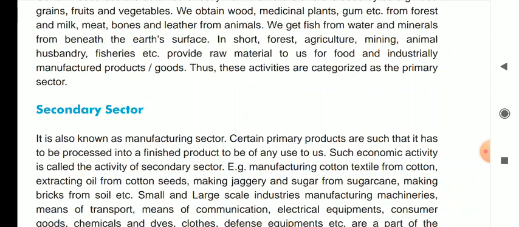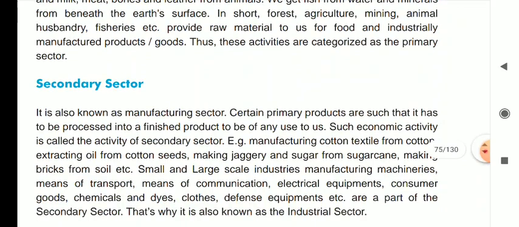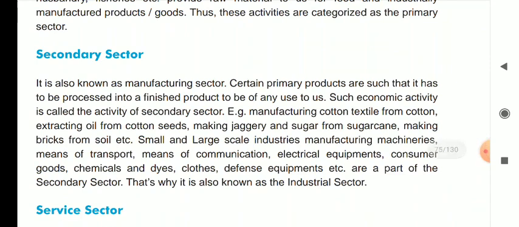Small and large scale industries, manufacturing machines, means of transport, means of communication, electrical equipments, consumer goods, chemicals and dyes, clothes, defense equipments, etc. are a part of the secondary sector.